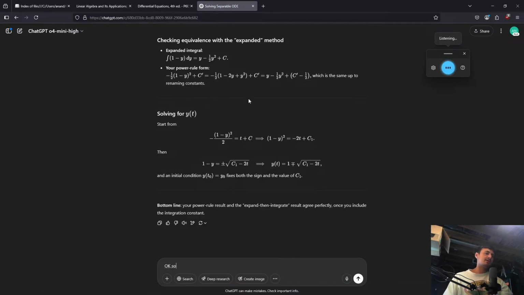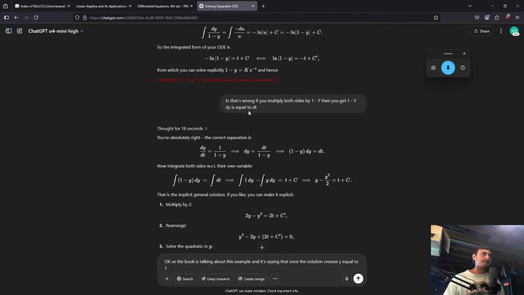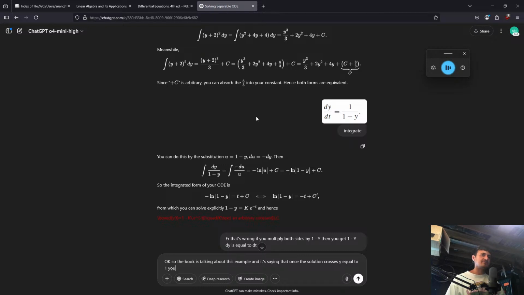The book is talking about this example, and it's saying that once the solution crosses y equal to 1, you can't cross over to the other side of the hole. But are there differential equations where we can construct it with a hole but still have it work out such that the solution can continue onto the other side of the hole and basically all the trajectories still line up on the other side? It's just for that one point that there's a problem, or is that impossible?